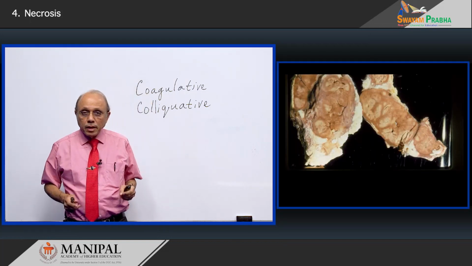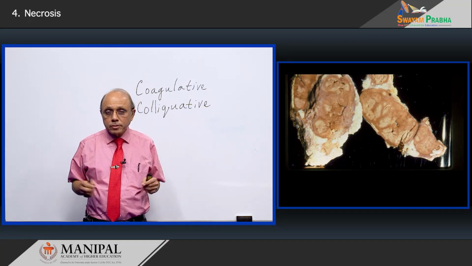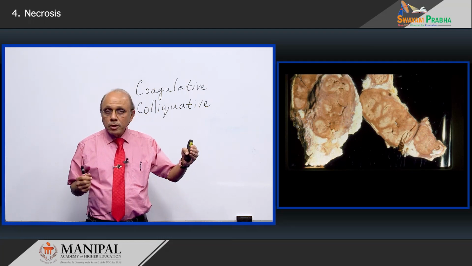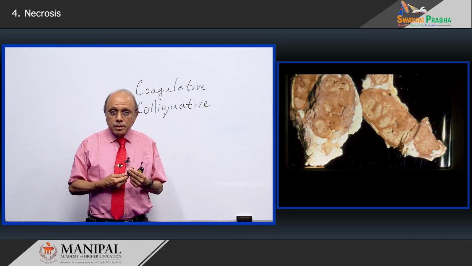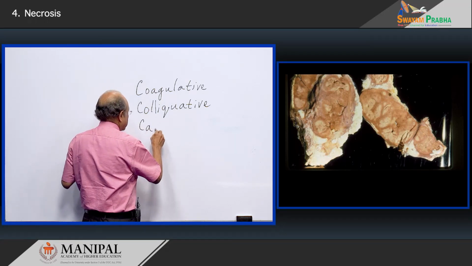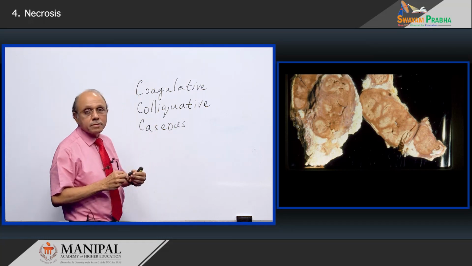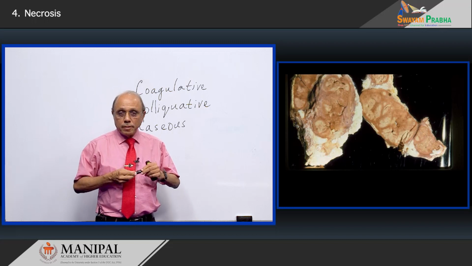The third clinical condition which we saw was a group of lymph nodes which on cut section show a yellowish hue resembling cheese. This is called caseous necrosis, the word caseous referring to cheese, cheesy necrosis.